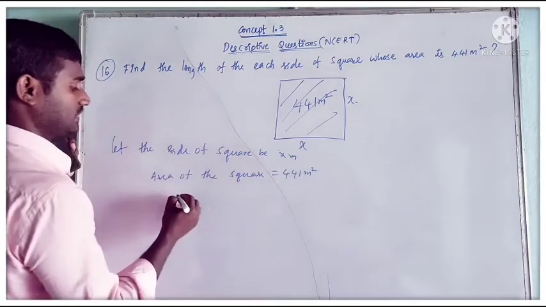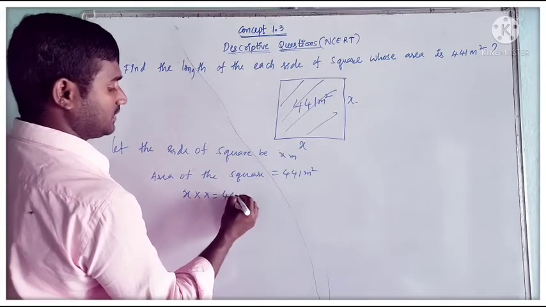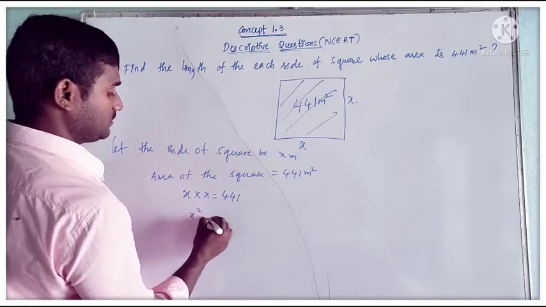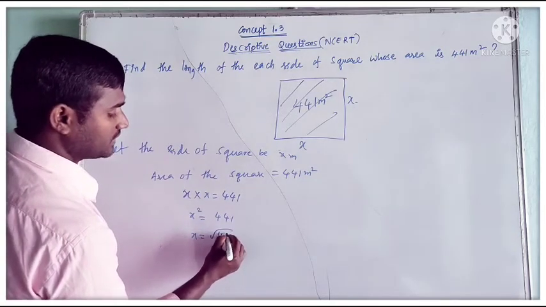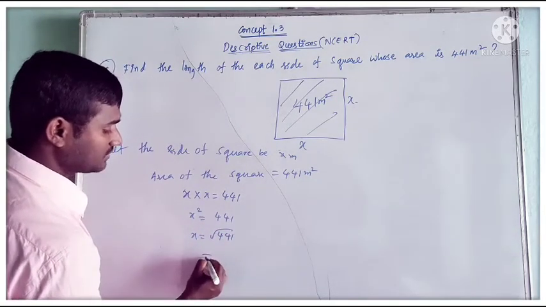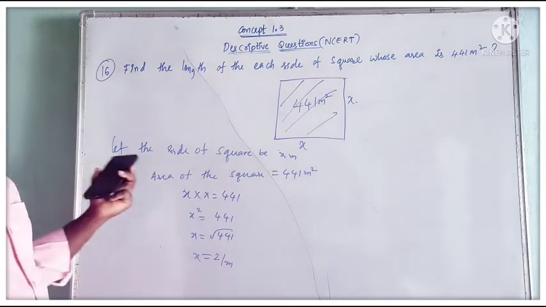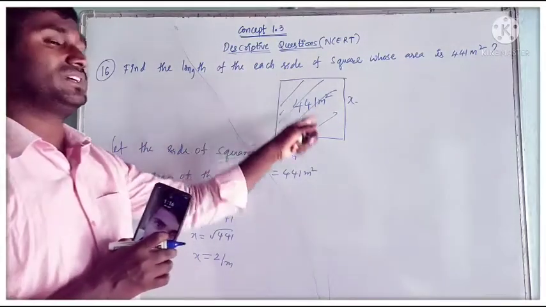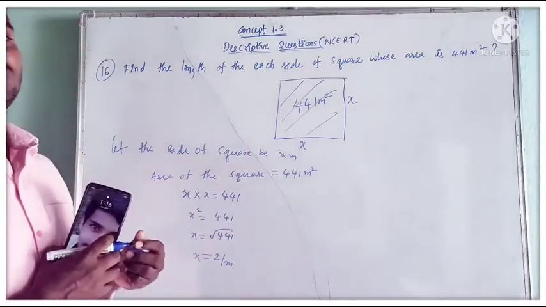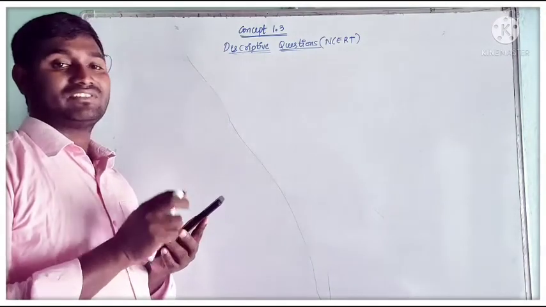Area of the square equals side into side, that is x into x equals 441. x square equals 441, and x is equal to the square root of 441. The square root of 441 is 21, so x is equal to 21 meters. Therefore the side of the square is 21 meters.